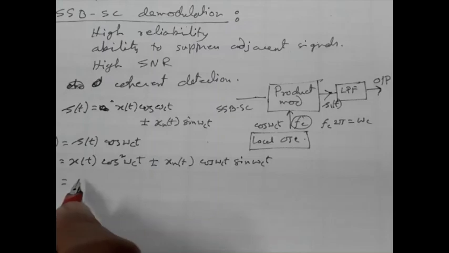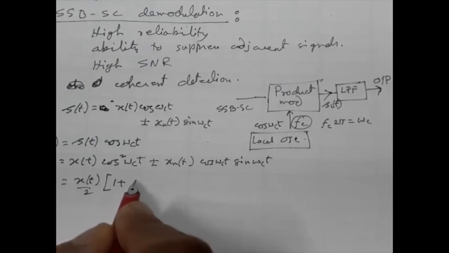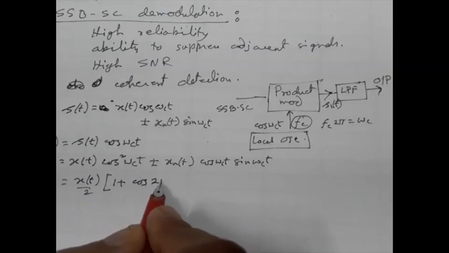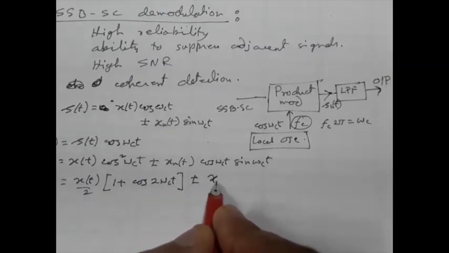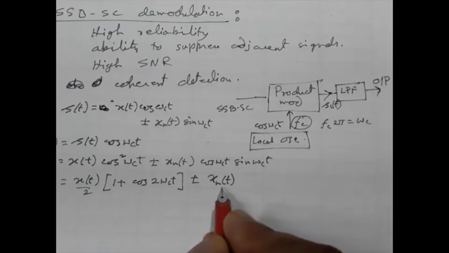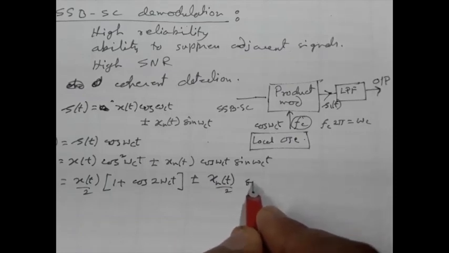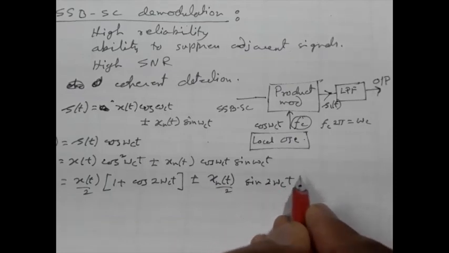That can be written as x(t) by 2 times 1 plus cos 2 omega c t, plus minus x_h(t) by 2 sin 2 omega c t.